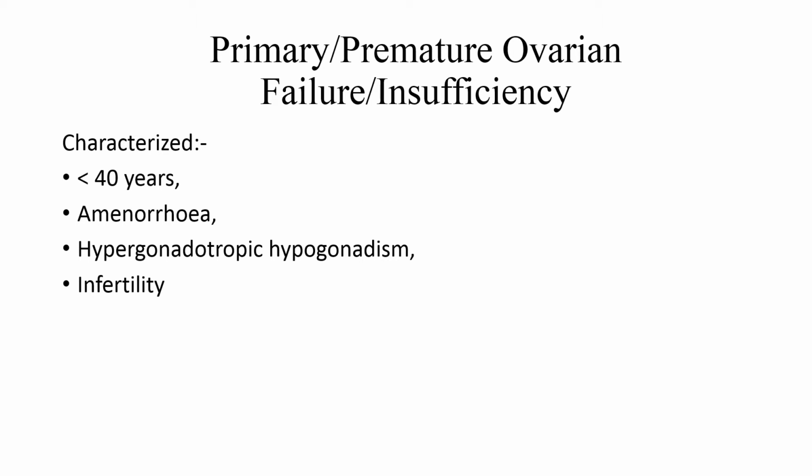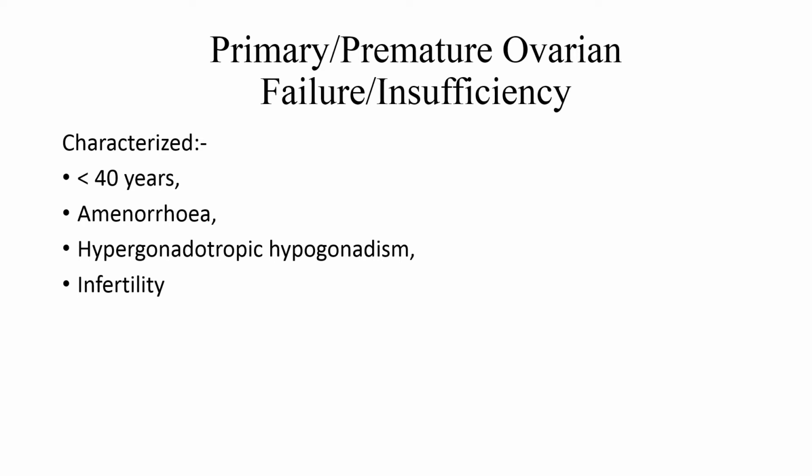When we diagnose, if age is 50 years, then we say it is menopause, it is normal. But if age is less than 40 years, then we say it is primary ovarian insufficiency or premature ovarian failure.